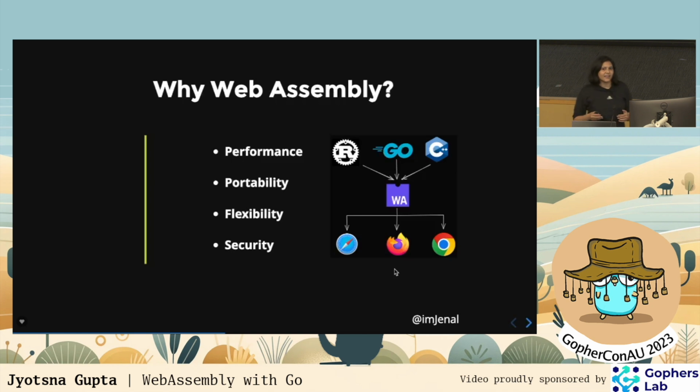So you can do the front-end work by avoiding JavaScript if you really want to. And the last is security, coming back to the same thing. It executes in a sandboxed, safe environment, which is why it provides security to the web.